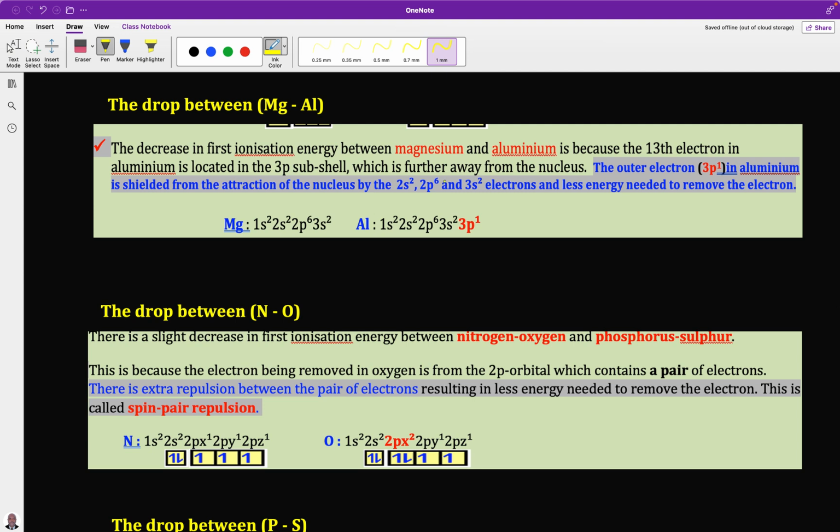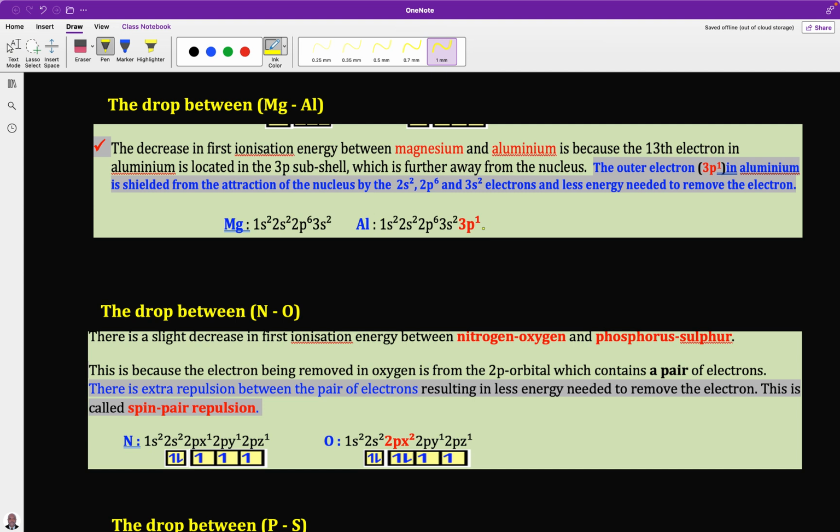I said write the electronic configuration, and you will now see that in aluminum, the first electron that has to be removed is the 13th electron. If you are removing electrons in a successive way, it will be the 13th electron.